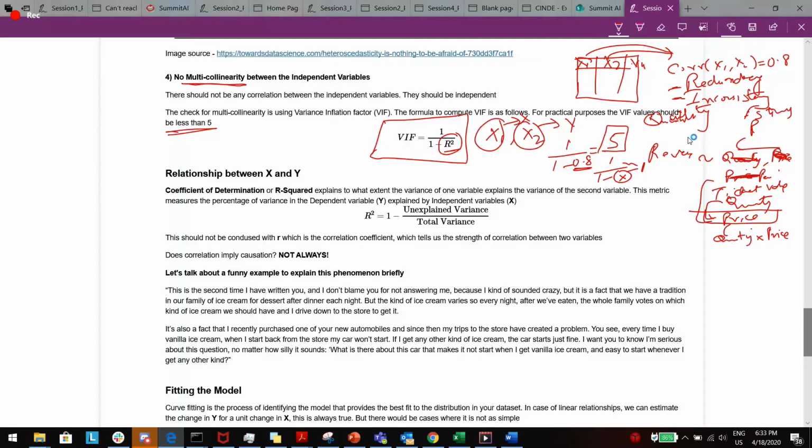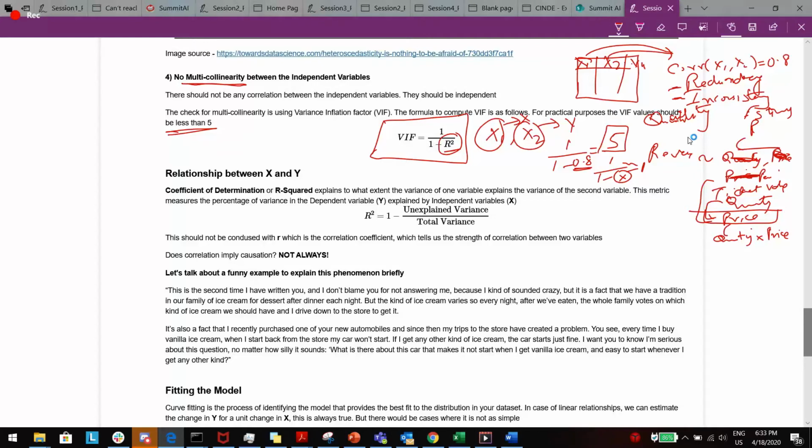But in SAS you have a ready-made option where you can pass VIF as a parameter, right? Yes, in SAS in the PROC REG statement, you can specify /VIF and you get VIF.